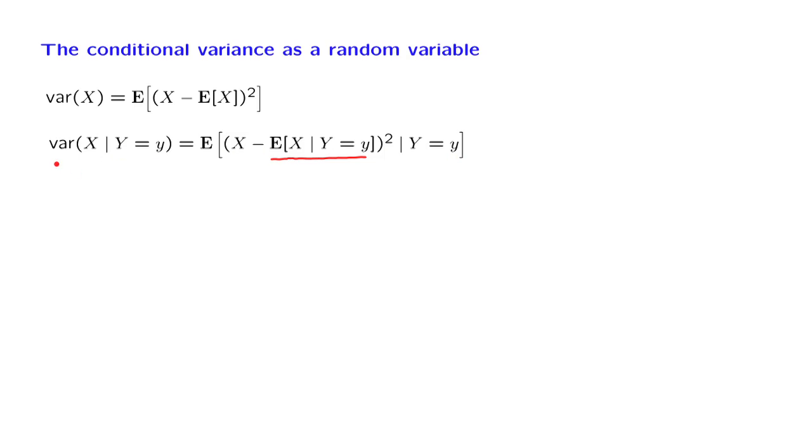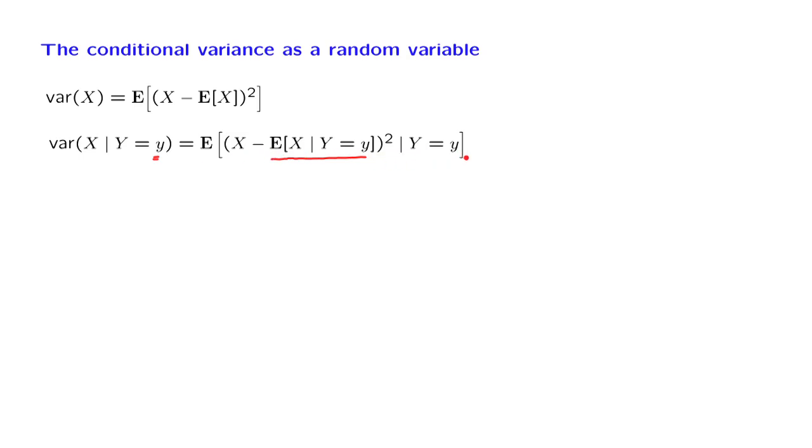So this is nothing but the ordinary variance, but it's the variance of the conditional distribution of the random variable capital X. This is an equality between numbers. If I tell you the value of little y, the conditional variance is defined by this particular quantity, which is a number.